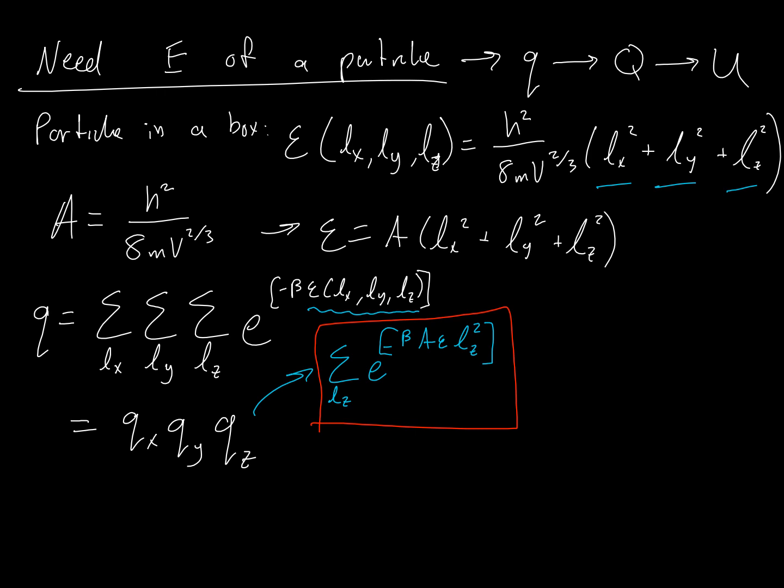Okay, I don't know about you guys, but I am not comfortable with infinite summations. They are not pleasant to deal with. So what is similar mathematically that's a lot more fun to work with than a summation? An integral. So the question is, can we turn this summation into an integral? Under what criteria do we think that's an acceptable approximation? So Lz is going to go from 0 to infinity.